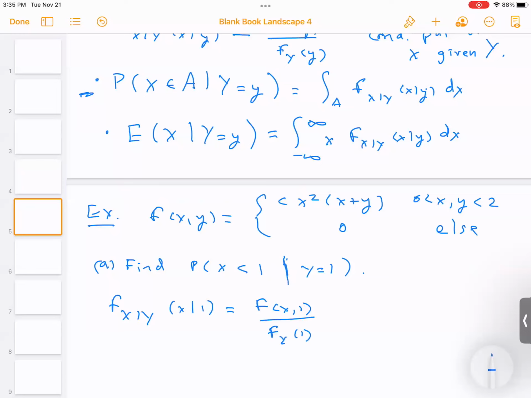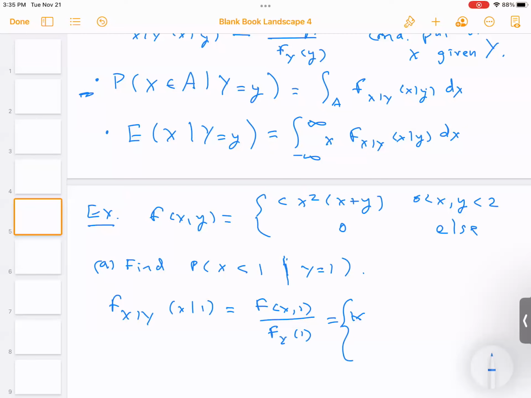And if you think about it, f_Y(1), the marginal density of Y at 1, is just, again, a constant. Do you agree? It's just a density in one dimension, and I'm plugging in 1. So it's just a number. So I can call that whole thing k. That's why I wanted to save the k for this.